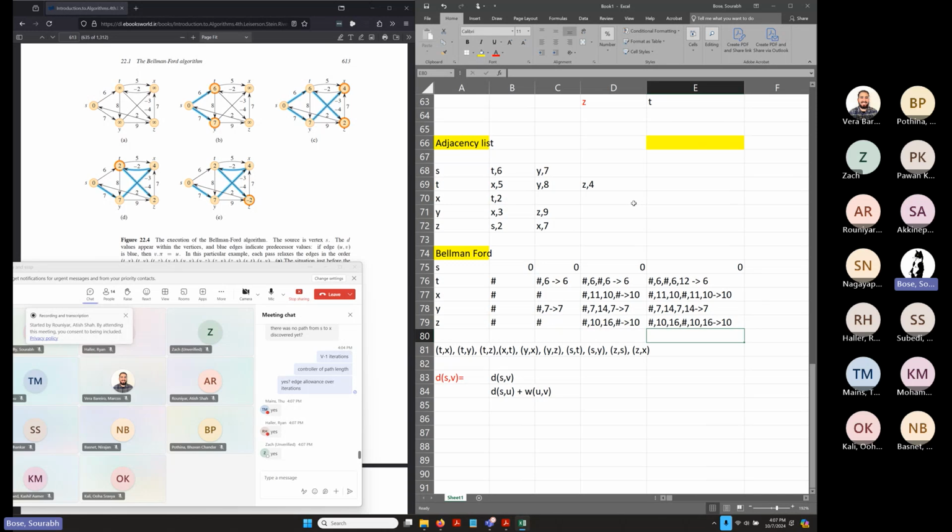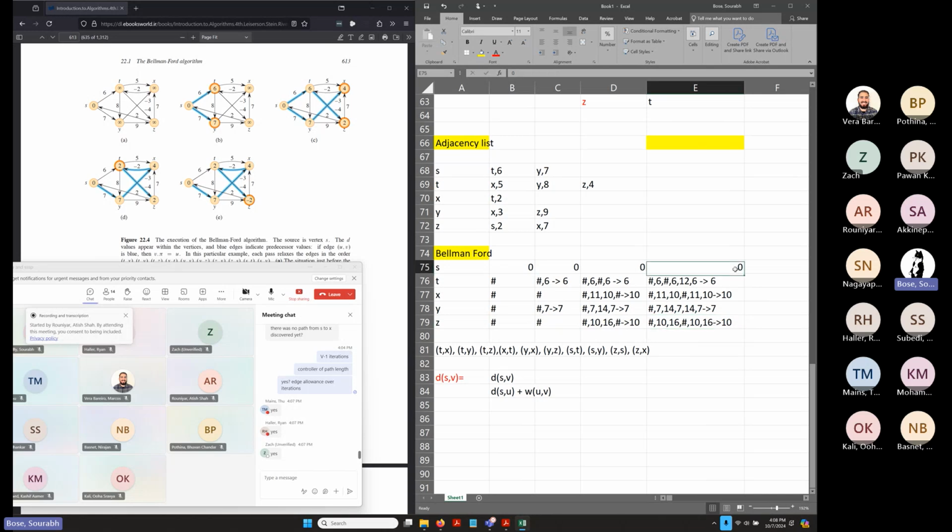It remains 10. Then we are looking at ST. S to T is currently 6. We are offering S to S plus ST. So that is just 6. So it remains 6. Now we are doing SY. S to Y is currently 7. S to S is 0. SY is also 7. So we are offering 7. Remains 7. Now we have ZS.